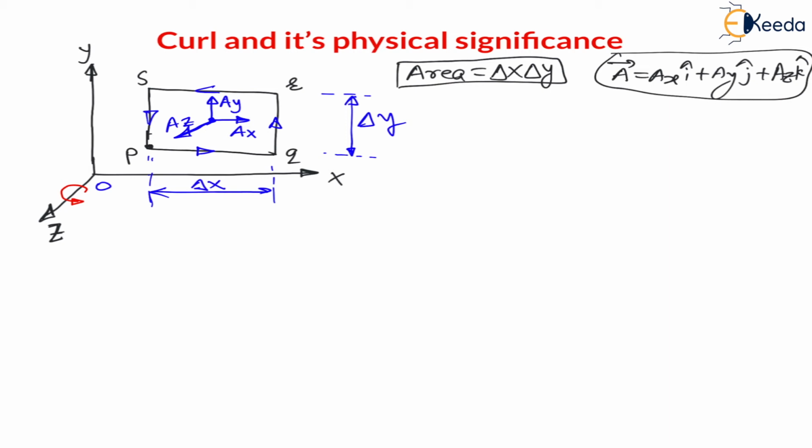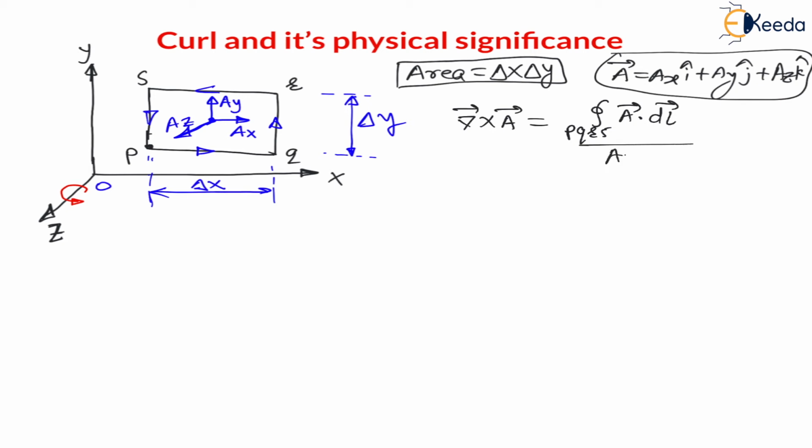So my dear students, let us understand here. At the center of this surface we have considered Ax, Ay, Az along the respective directions, but here we have to find the components of these Ax, Ay, Az along PQ, QR, RS and SP, right? Definitely, for the line integral, what have we defined? The curl, del cross A, is nothing but the line integral over the closed loop PQRS of vector field A dot dl, divided by the area.